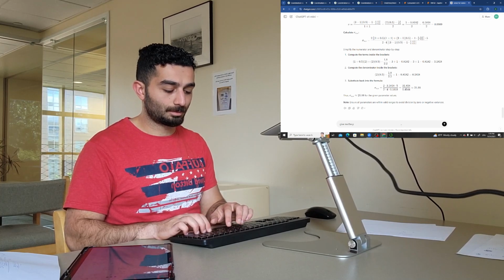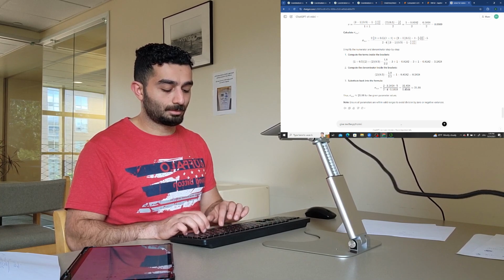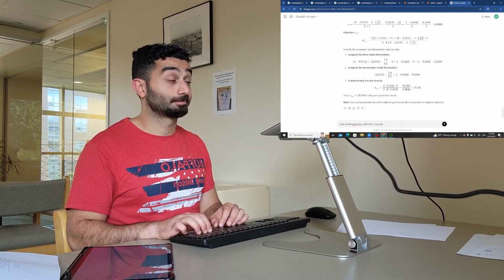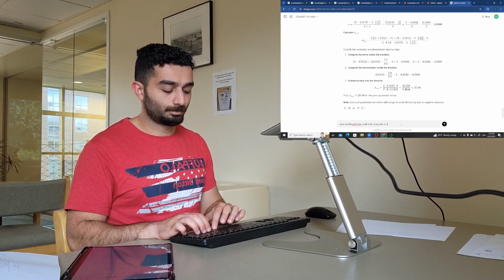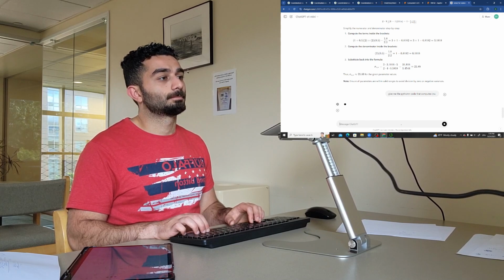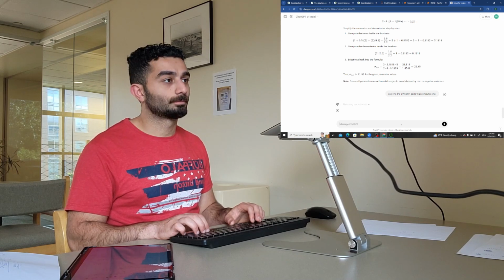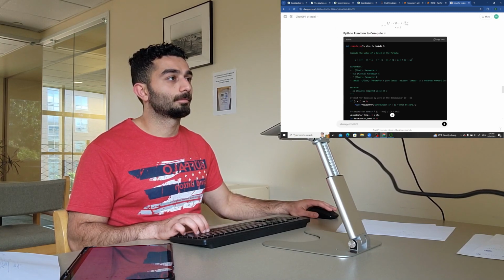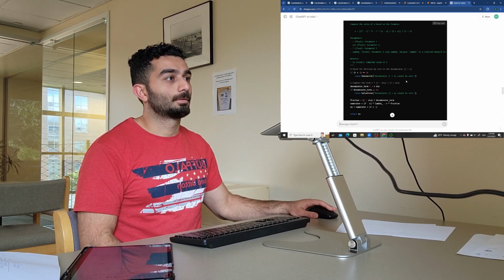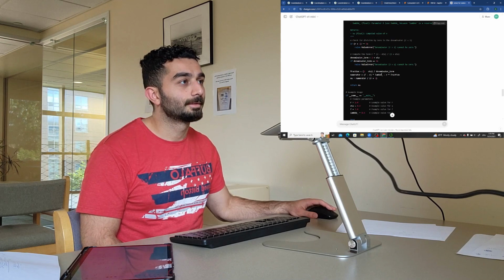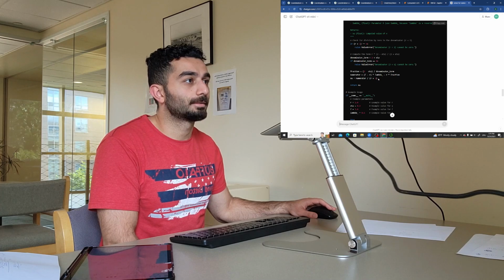Give me the Python code that computes nu. Nu is numerator.